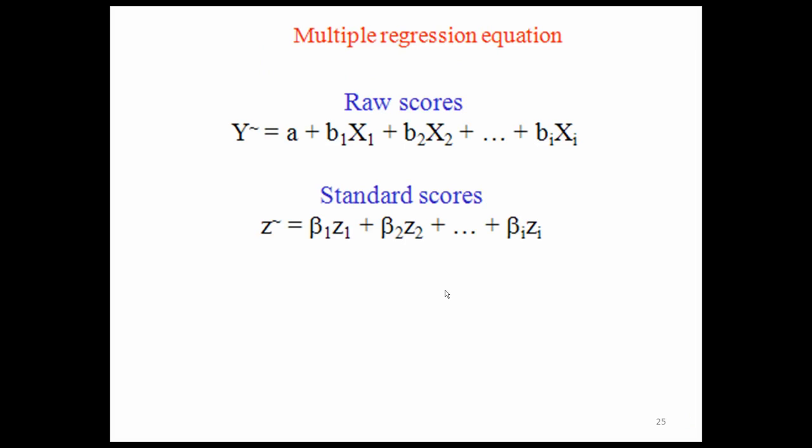For example, if you want to predict students' success in college and you have multiple predictors like high school GPA, SAT scores, parental education, and some other predictors, you need to use multiple regression to see which of those predictors are better or stronger in terms of predicting student success in college.